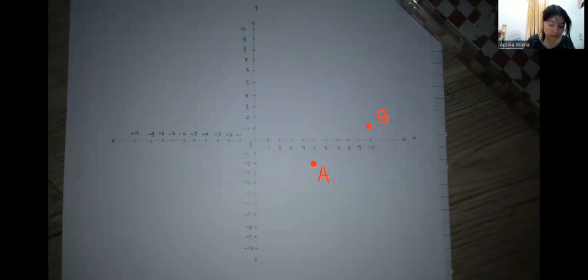The C is, we have minus 5 and 0, so the dot is here. We have the C, right? The D, we have 5 and 10. 5 and 10 is here.